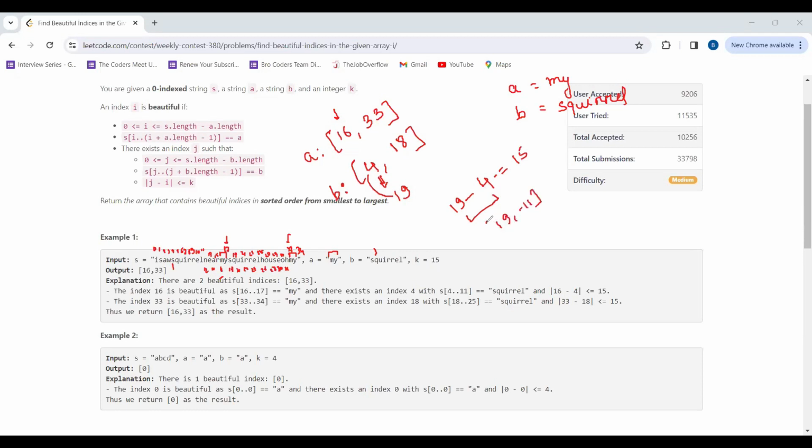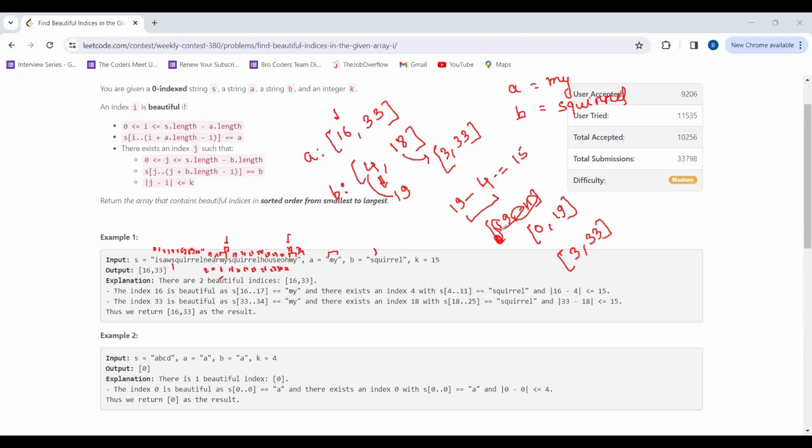Minus 11 won't be a valid index, so it can tolerate 0 to 19. And for 18, the range of indices it can tolerate is from 3 to the minimum of n minus 1 and 18 plus 15, which is 33. So here it will be 3 comma 33.